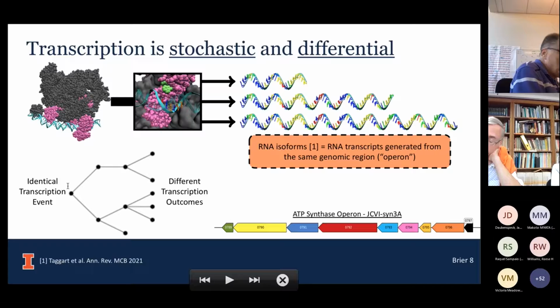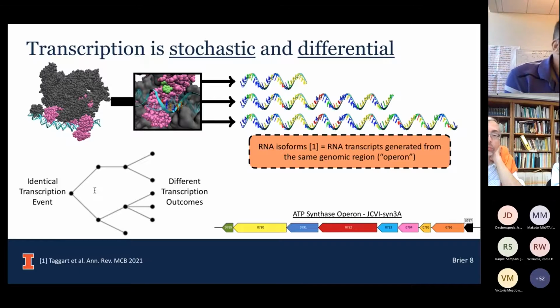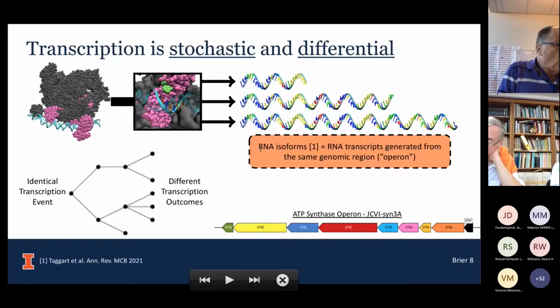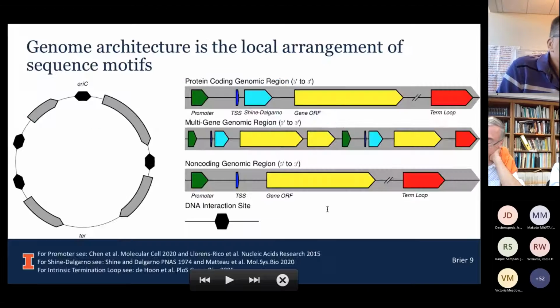For example, you could have a binding event at the same promoter site or the same transcription start site, but due to different circumstances, your transcriptional outcome could be different. You could have expression across an entire operon or expression across a specific region. I also want to introduce a term I came across within this review article, the RNA isoform, which in this context is just an RNA transcript generated from the same genomic region.